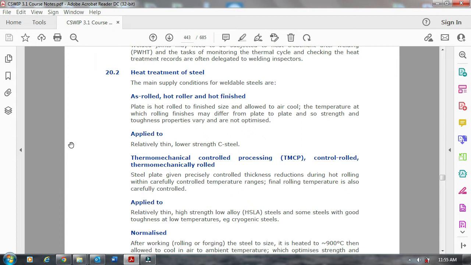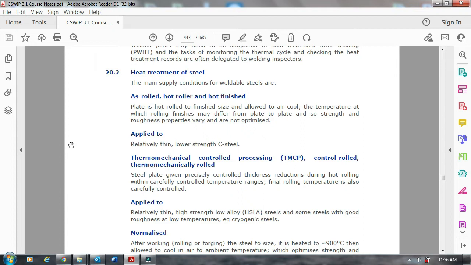Depending on whether you keep it in air to cool, in air conditioning, or wrapped under a thick wool or fire blanket, how it cools, depending on that, material properties and metallurgy science will decide what material you get.